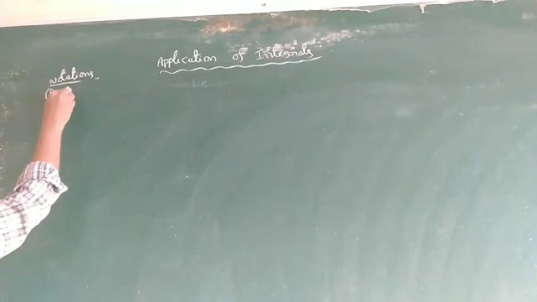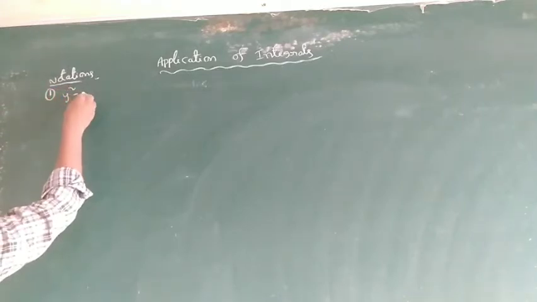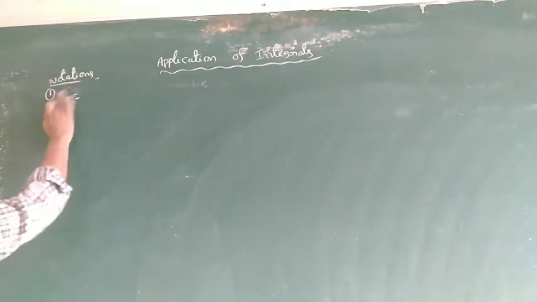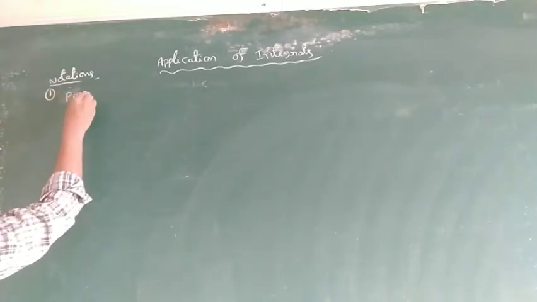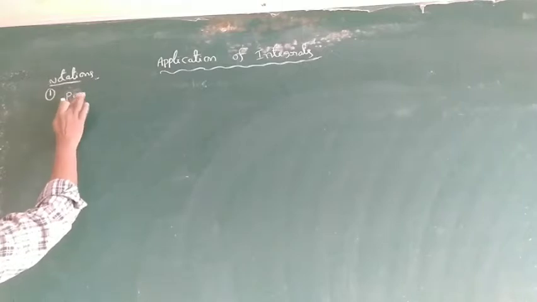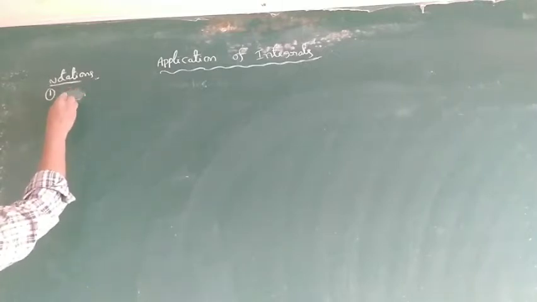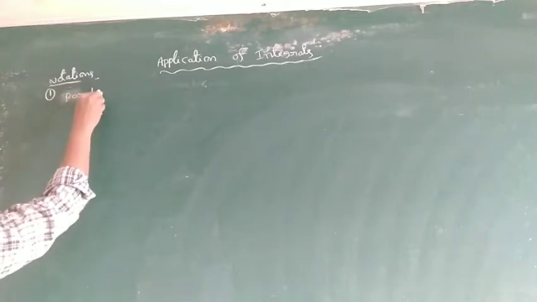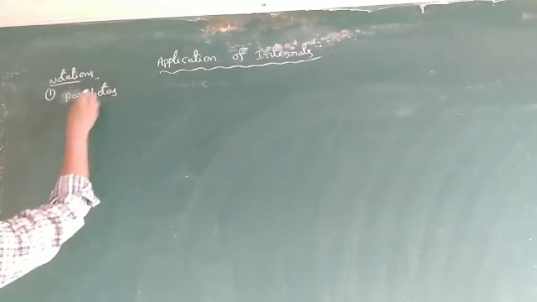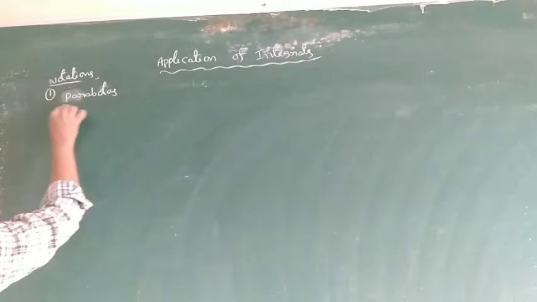First, y square is equal to, first one, parabolas. These parabolas are totally 9 types.